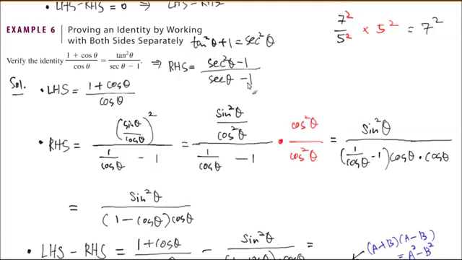Now you're looking at a squared minus b squared divided by a minus b, right? Does that look like it? Can you factor this one? Secant theta plus 1 times secant theta minus 1, divided by secant theta minus 1, right? Then the secant theta minus 1 cancels.